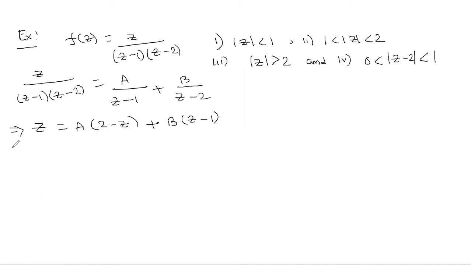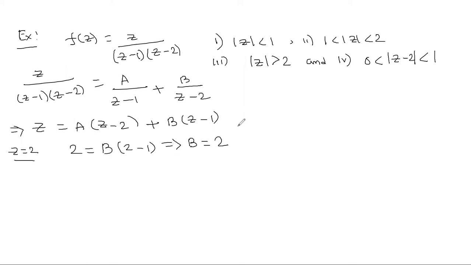Now here if we put z equal to 2, we'll get 2 equal to b times (2 minus 1). So we are getting b equal to 2.